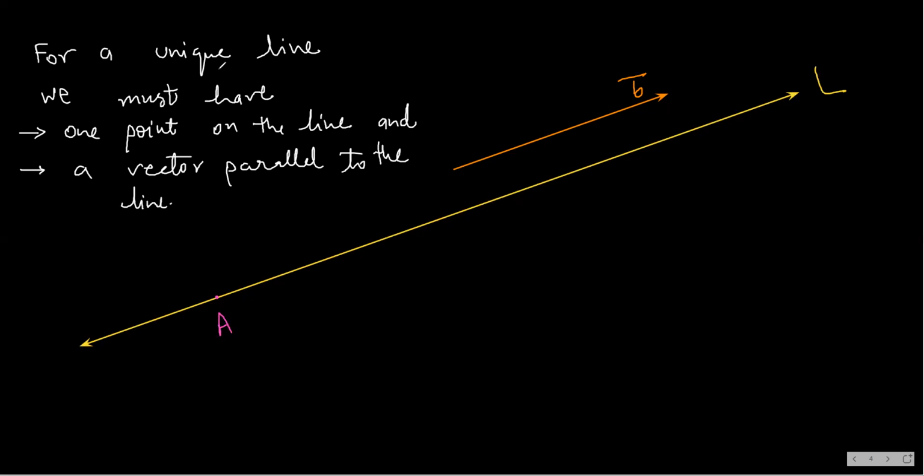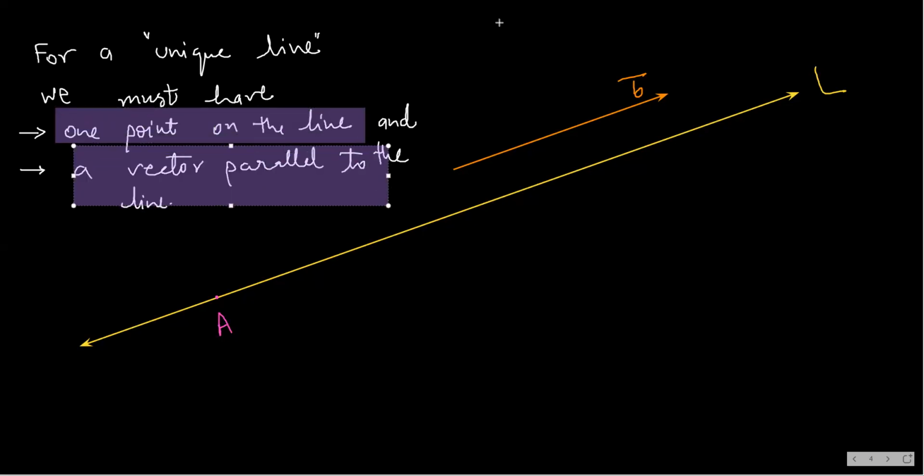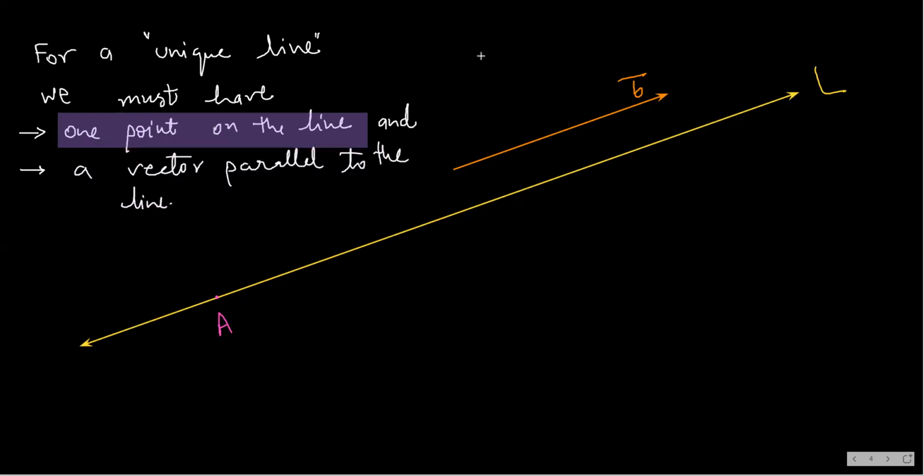For determining a unique line, what are the minimum required things that we have? We should have one point on the line and a vector parallel to the line. So far as this parallel vector is concerned, it can be given in many ways.